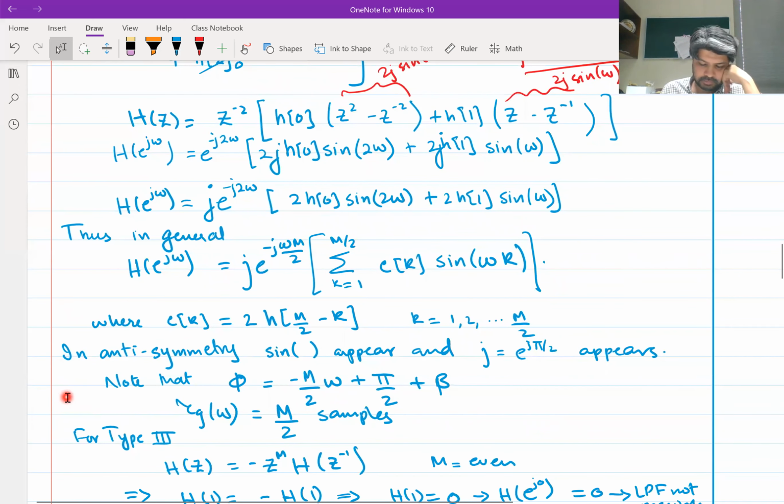Now अगर आपने इसका फेज देखना है तो इट वुड बी माइनस एम ओमेगा बाय 2 प्लस पाई बाय 2. पाई बाय 2 क्यों आया ये वाला?